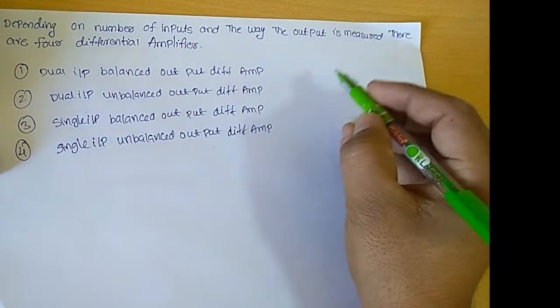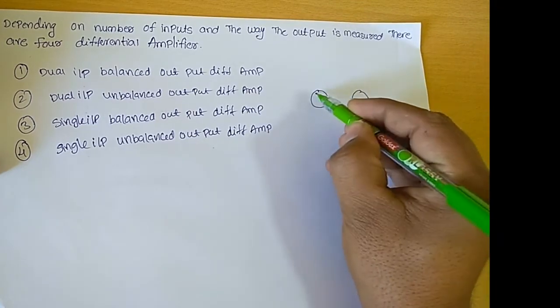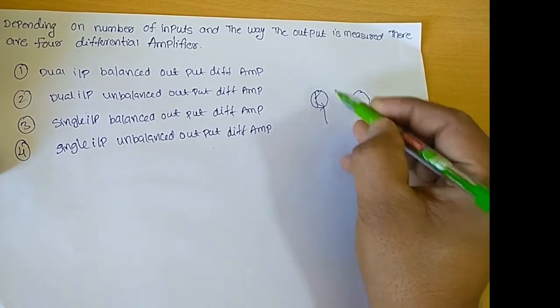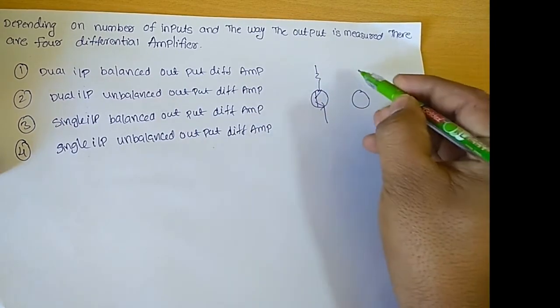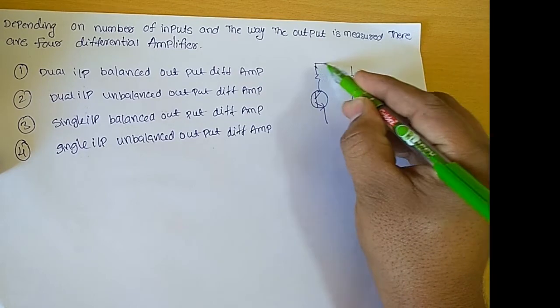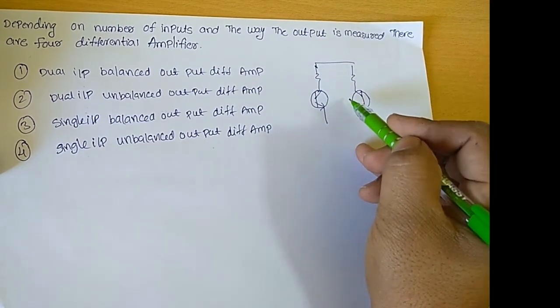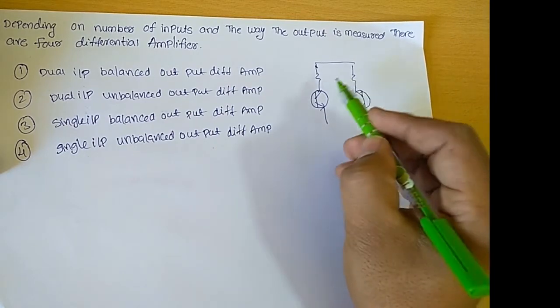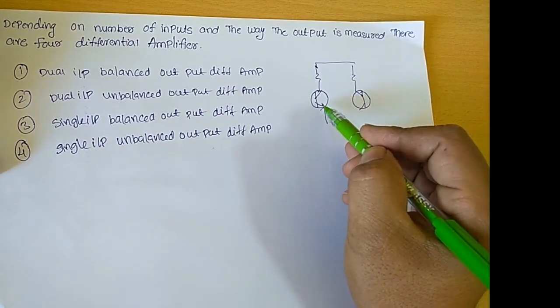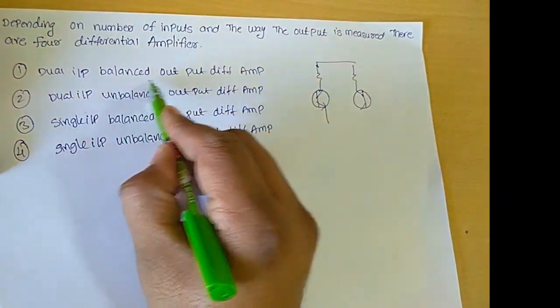For example, here we consider the differential amplifier circuit. In this circuit, the output is collected at the 2 collector terminals of this BJT circuit. So that is called balanced output.